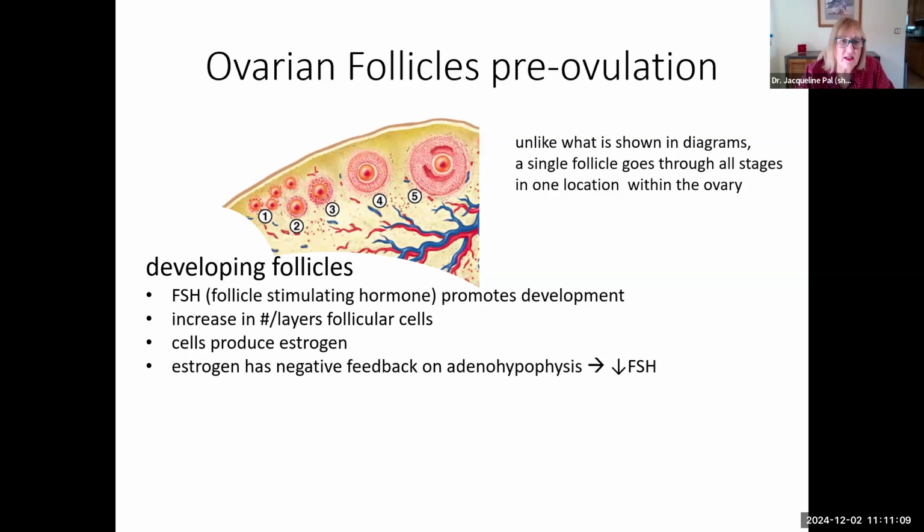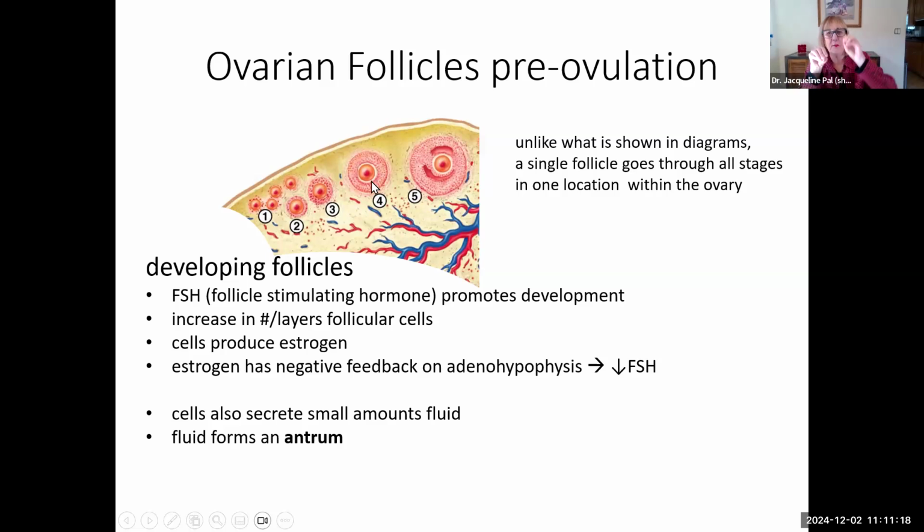Now, in addition to producing estrogen, these follicular cells each produce a tiny amount of fluid, a drop here and a drop here and a drop here. It all kind of joins together, and you start getting tiny little accumulations of fluid, and all the accumulations of fluid will eventually form a little lake which separates out the follicular cells, and this fluid will form this lake which is called an antrum.